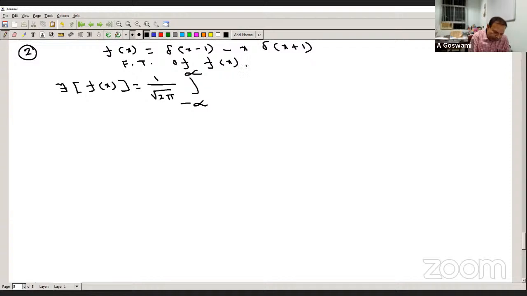Now your f x is this one: delta x minus 1 minus x into delta x plus 1, into e power i alpha x dx.